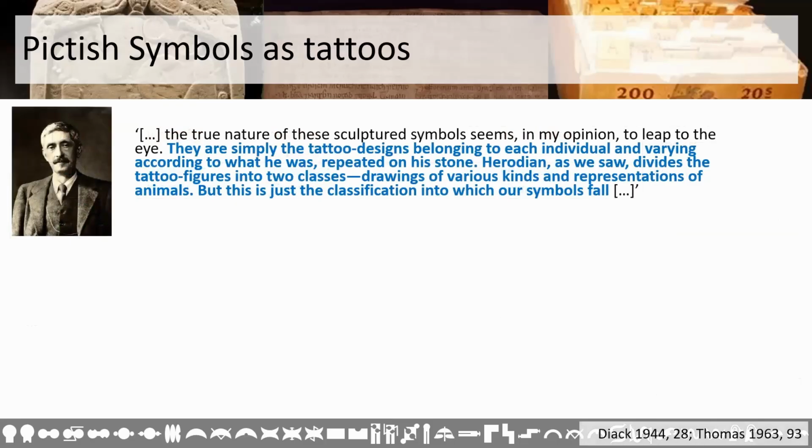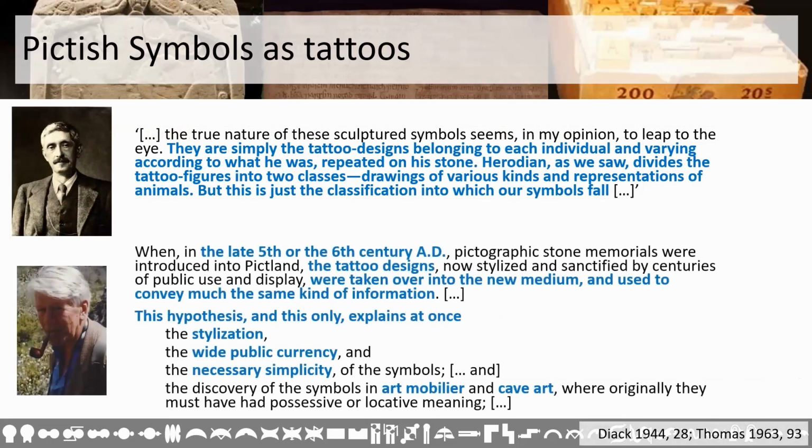This then led Francis Diack in the 40s to claim that Pictish symbols are simply the tattoo design belonging to each individual and varying according to what he repeated on his stone. He noticed that Herodian, as we saw, divides the tattoo figures into 2 classes, drawings of various kinds and representations of animals. But this is just the classification into which our symbols fall. I agree.